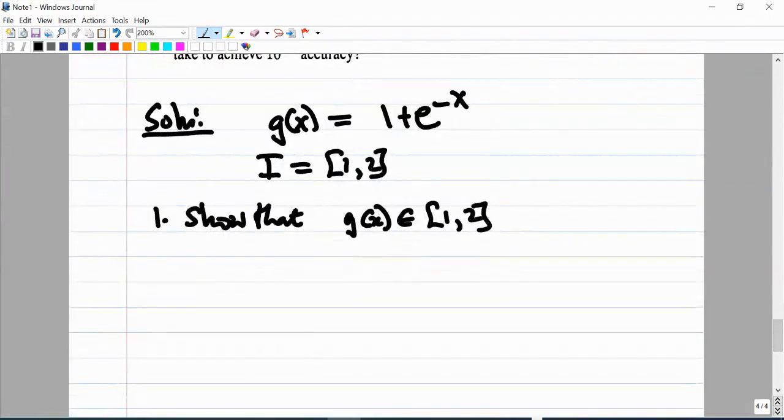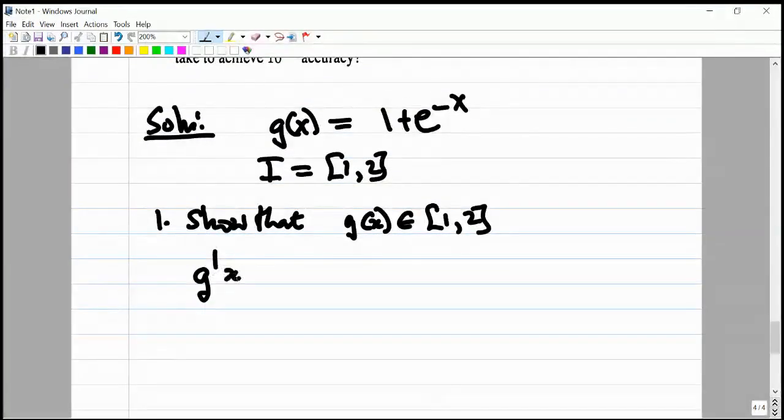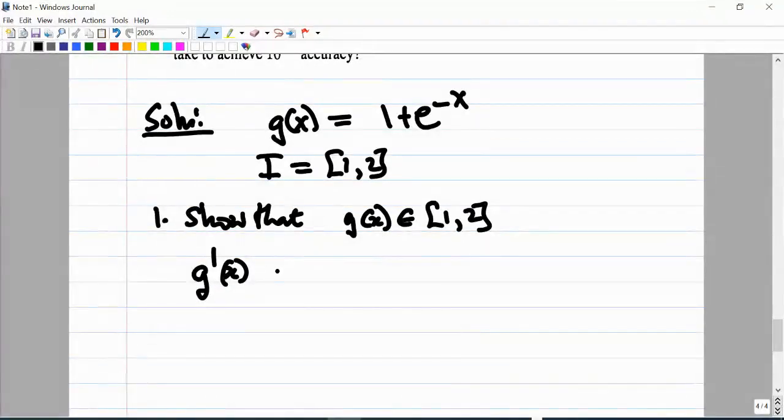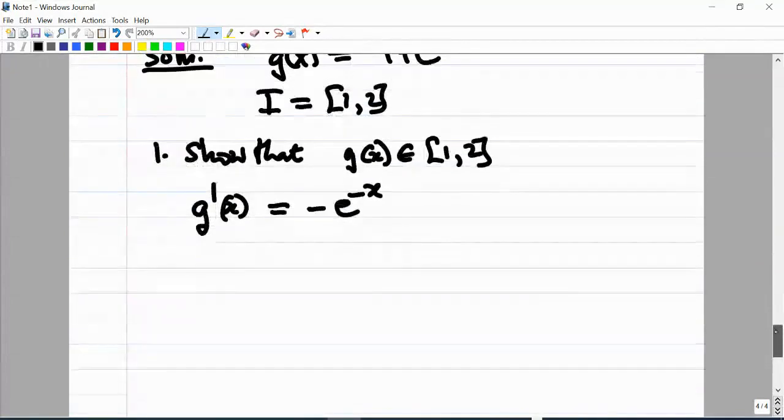Now, if you look at this function, let's look at g prime of x. We want to check the range here. This is just minus e to the power minus x squared. So g itself is a decreasing function. So you get the maximum at the lower end point and the minimum at the upper end point.